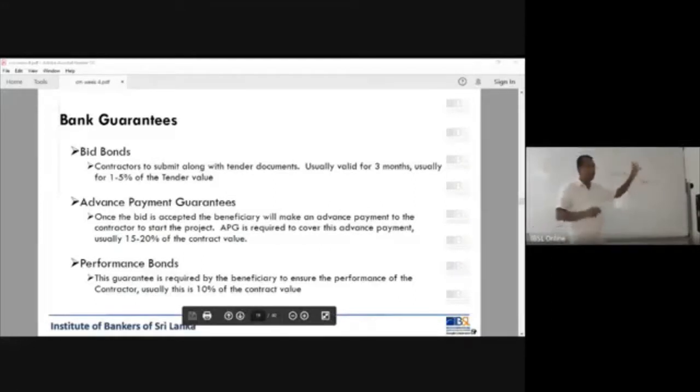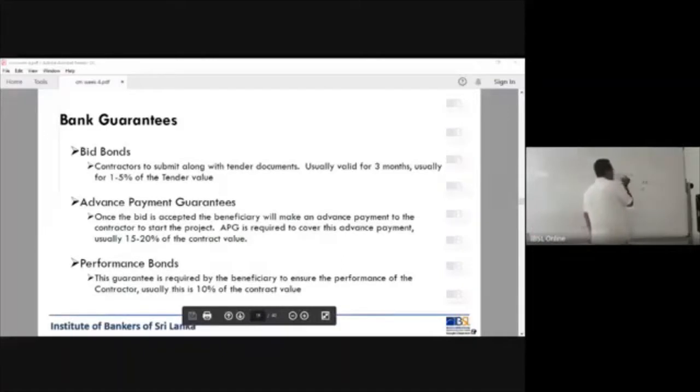UDA will say, okay, we have selected you, come and do the work, come and negotiate with us, right? When we inform, he is not interested in taking it. Then UDA will have to redo everything and go for the second one. So there is a cost and time, money.